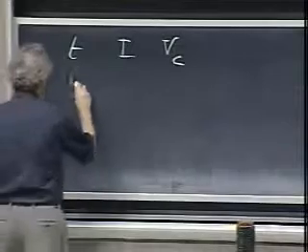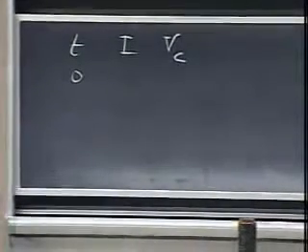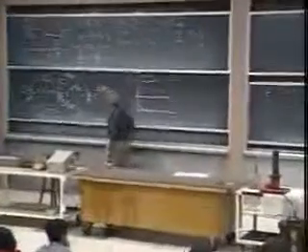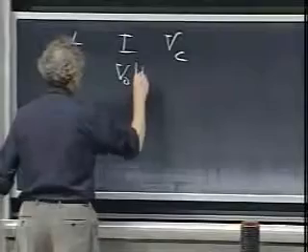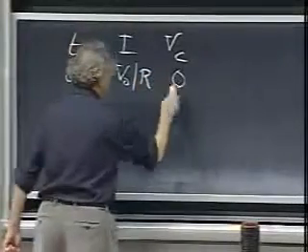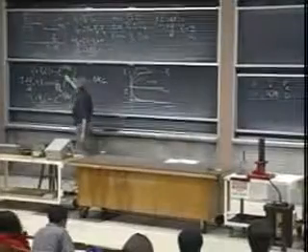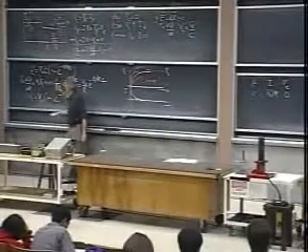And when t is 0, you go to your equation of I. So this is 1. So you have a current V0 divided by R. And V of C is 0. You can see that. If t is 0, you get 1 minus 1. Oh, sorry, I have to go here.